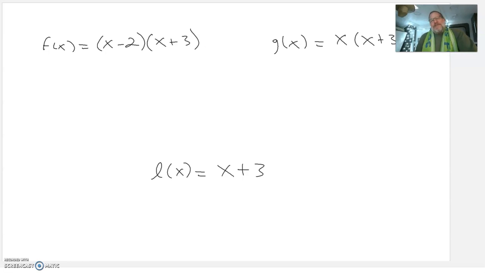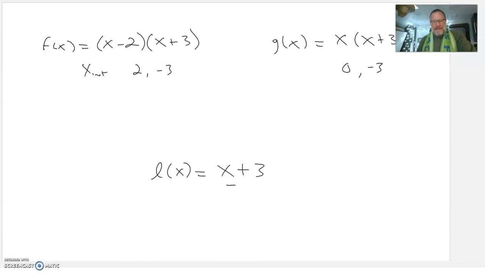So each one of these graphs has something in common. They've got an intersection that is the same. Real quickly, if I do what makes 0, I'm going to get x-intercepts at 2 and -3. I'm going to get x-intercepts at 0 and -3.